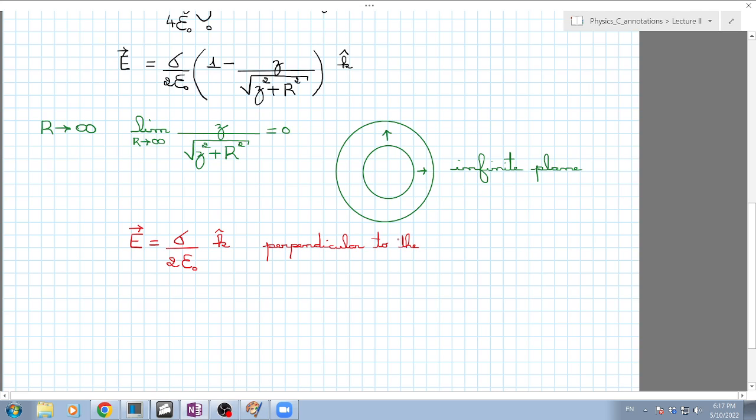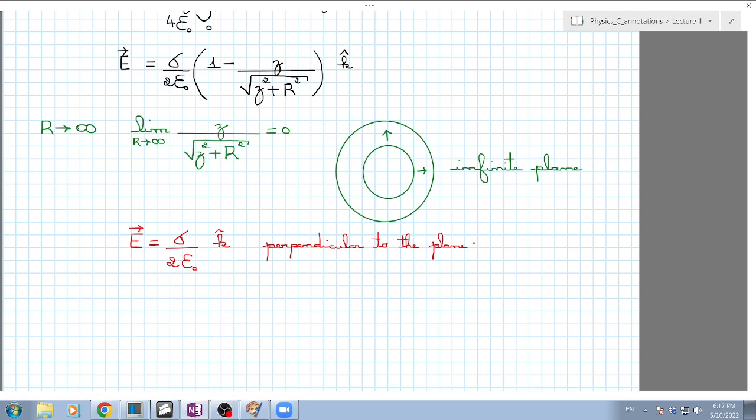Why is this important? We are going to study, and you guys already did in high school, an electrical component that is called capacitor. And this is the mathematical form of the electrical field generated by a capacitor.